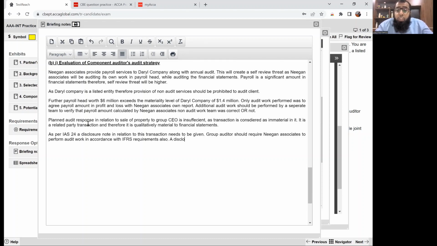A disclosure note will be required in financial statements, which will include details about the transaction, market value of the asset, whether the transaction was at arm's length or not, and the due date of the remaining balance amount.